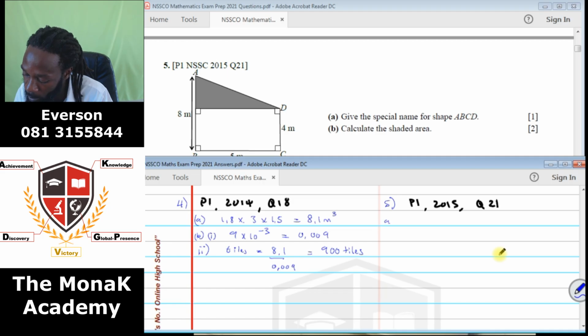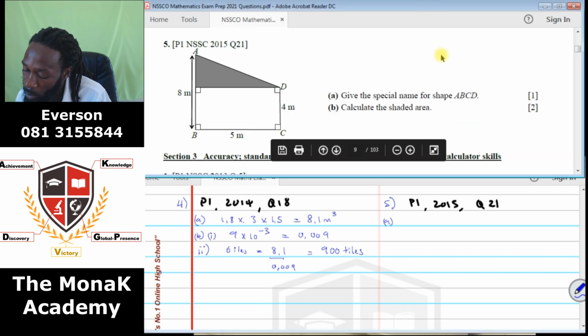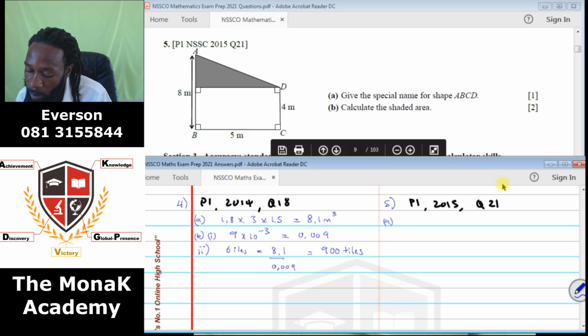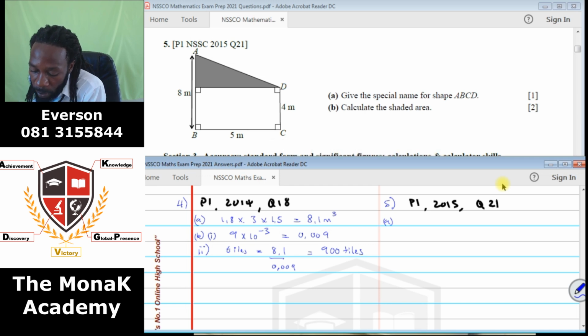So A says, give the special name for shape A, B, C, D. So the whole shape, what is it called? So the fact that we have 90-degree angles here by DCBA, it means DC and AB are parallel. So 2 parallel sides and 4-sided shape. That's a trapezium.